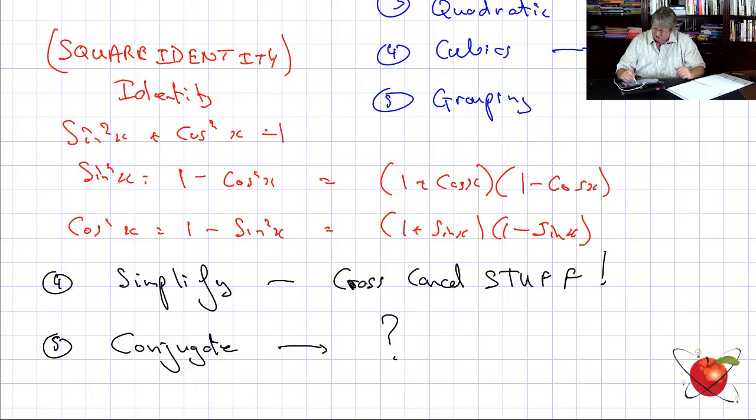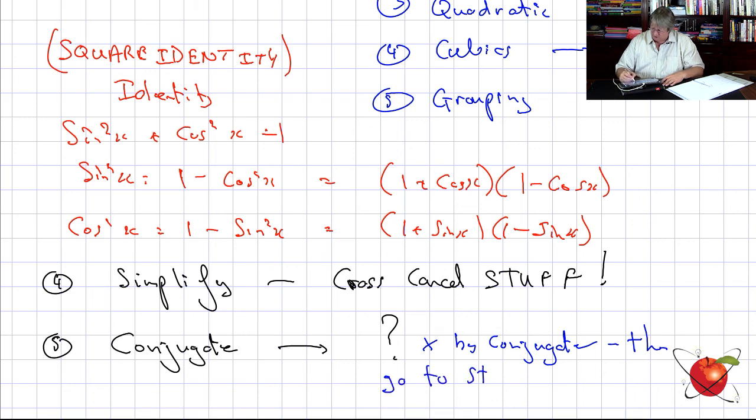So we've used the conjugate, and once we've used the conjugate, you go back to square one. Let's just put in here, in blue: multiply through by the conjugate, then go to step one again.